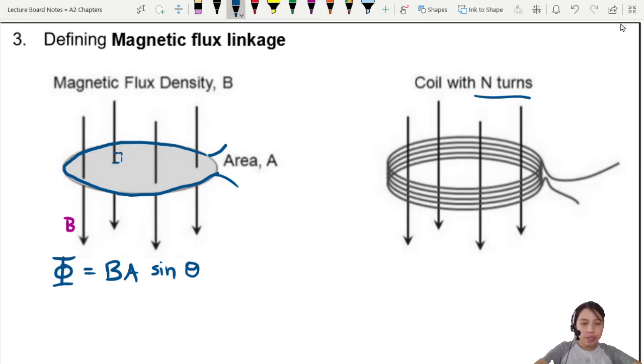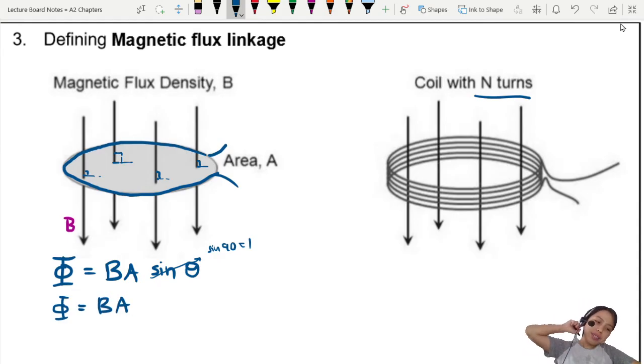So this is 90 degrees, poking right into the area. So this is sine of 90, and sine of 90 is 1. So it's gone, and all you have now is the flux. What's the total amount going through this loop? BA. That's it.